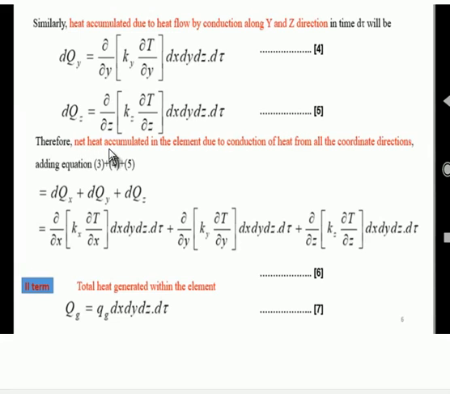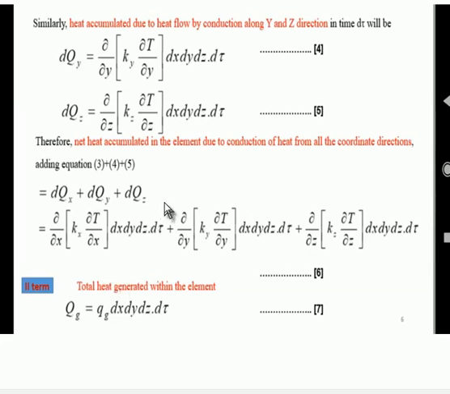Therefore, net heat accumulated in the element due to the conduction of heat from all the coordinate directions, adding equations 3, 4 and 5, dqx plus dqy plus dqz. So whatever the term is there, see here, dou by dou x kx dou t by dou x dx dy dz d tau plus dou by dou y ky dou t by dou y dx dy dz d tau plus dou by dou z kz dou t by dou z dx dy dz d tau.